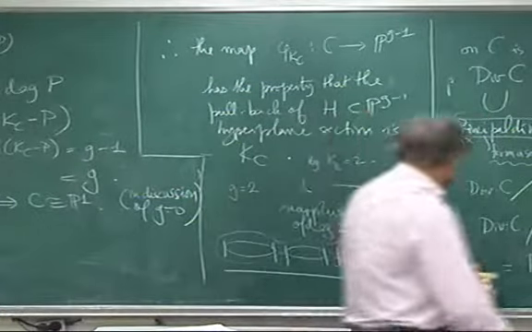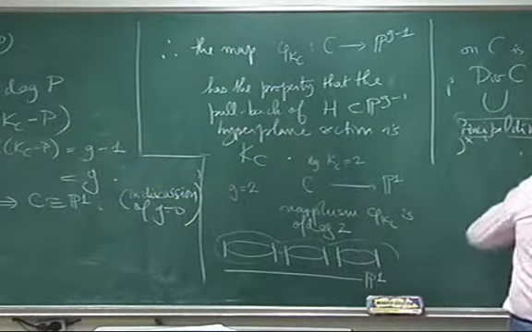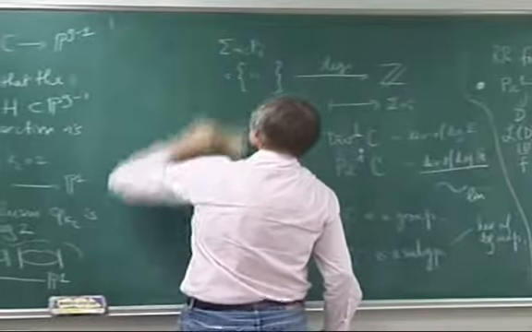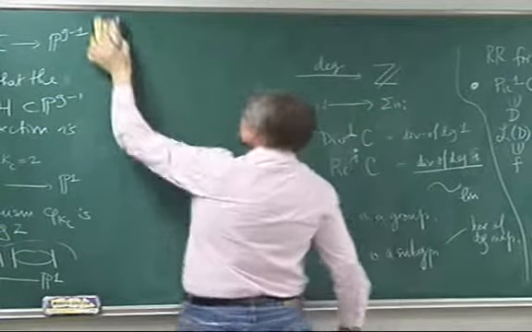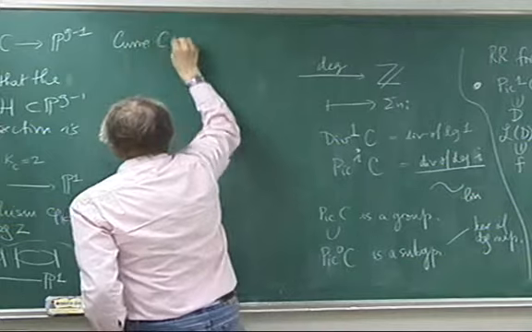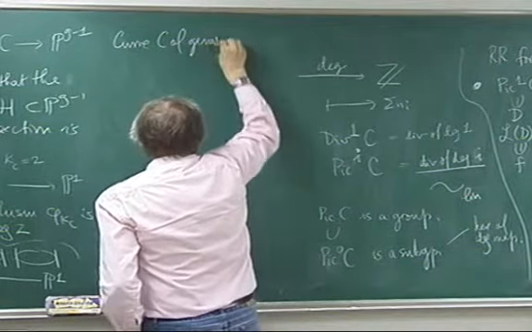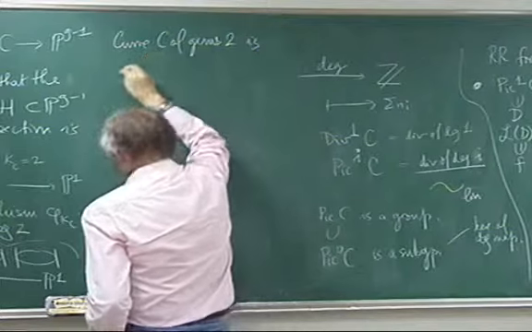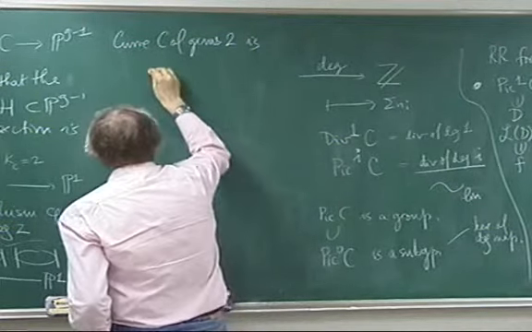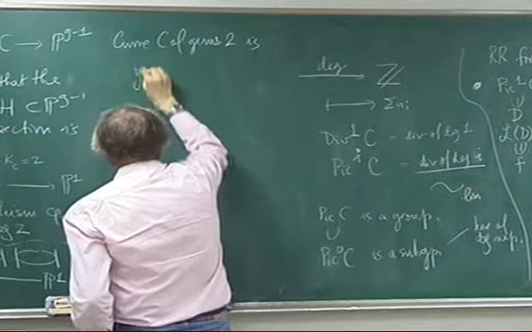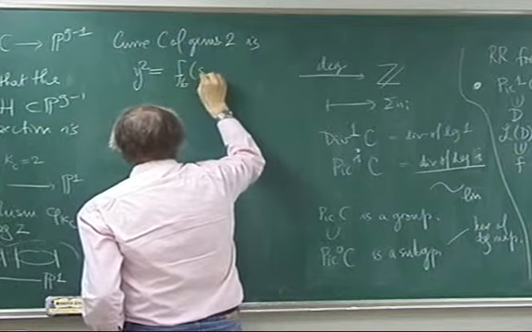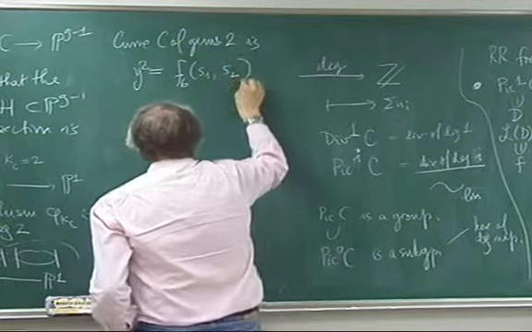Right, so the curve C is genus 2, and it's given by y squared equals f6 of s1, s2.